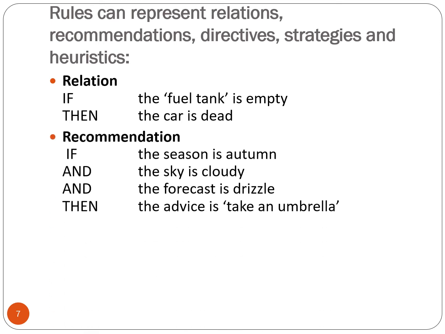And then we have a rule that represents a recommendation. The first one is relation: fuel tank empty. If you look back here, this is the object, the fuel tank.